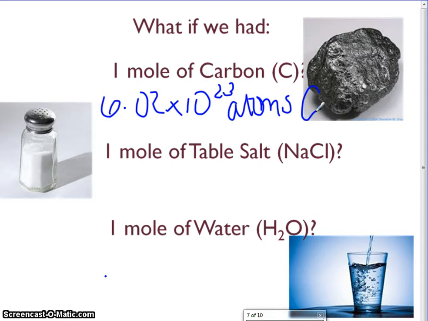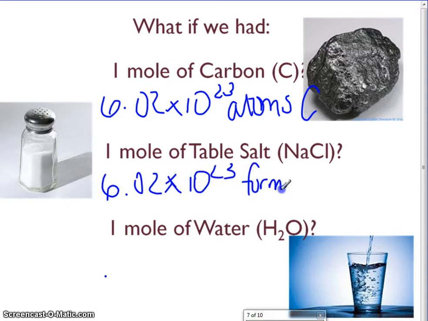So if I have 1 mole of carbon, I have 6.02 times 10 to the 23rd atoms of carbon. If I have 1 mole of table salt, I have 6.02 times 10 to the 23rd formula units of table salt, or sodium chloride, or NaCl, all the same thing.